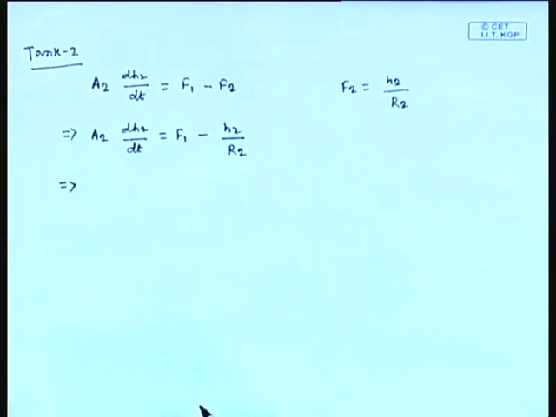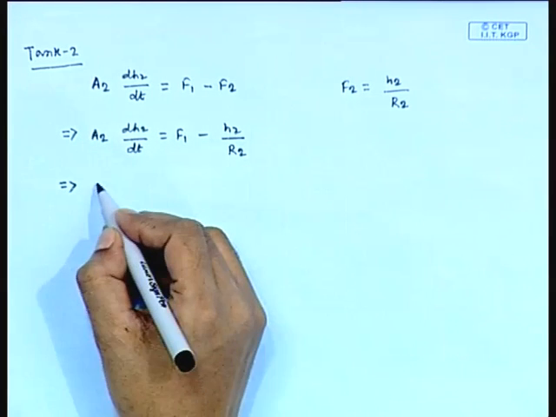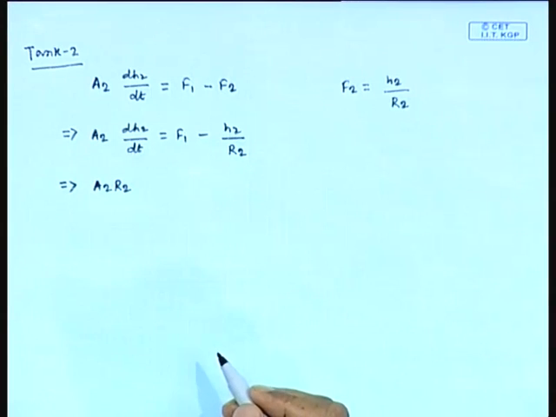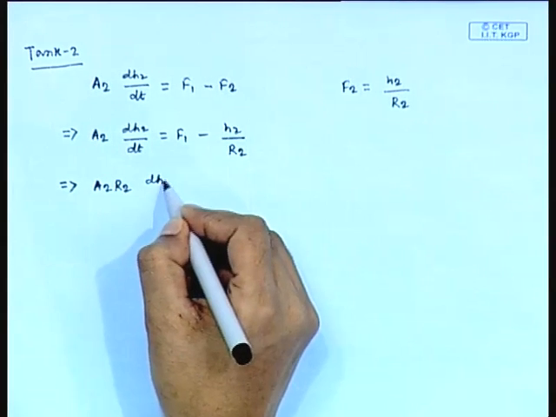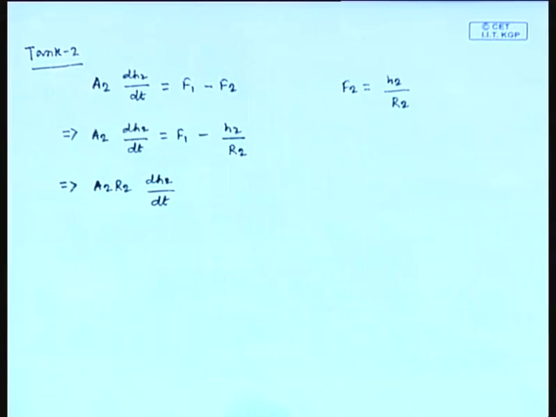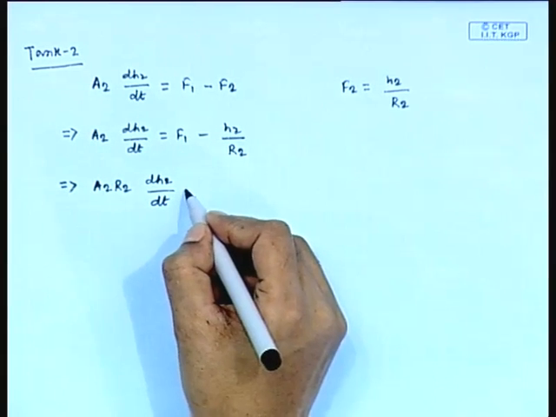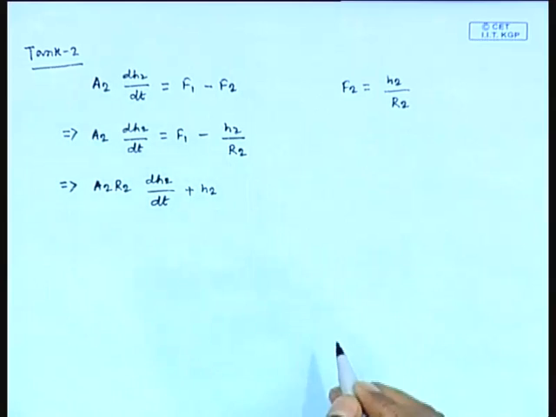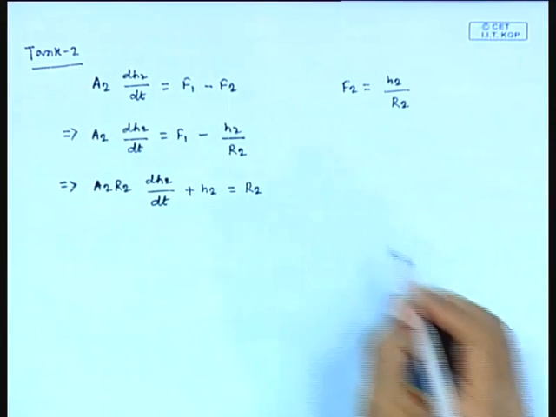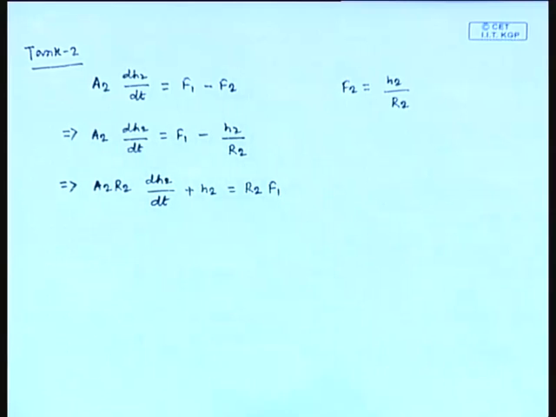Multiplying both sides by R2 and rearranging, we get A2 R2 dH2/dt plus H2 equals R2 multiplied by F1.